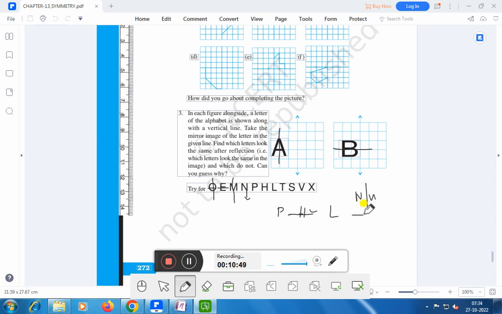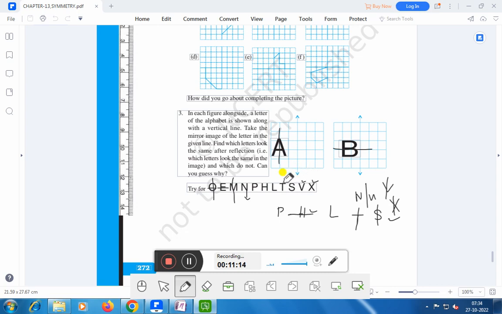In case of T, right, if we put the mirror here, you can get the image of T. In case of S, you will not get the mirror image. In case of V, if it is a vertical line of symmetry, you will get the mirror image. In case of X, you can get it with a vertical line, so you are also getting the mirror image.